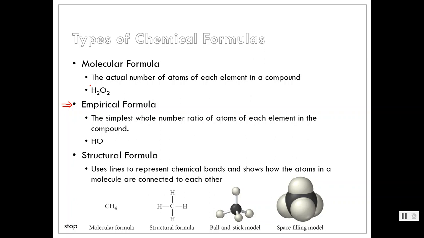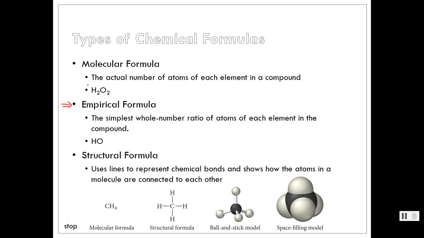What you need to know right now is that the empirical formula for a molecule is the simplest whole number ratio of atoms in that molecule. So can you take the subscripts in that molecular formula and further simplify them to get a whole number?